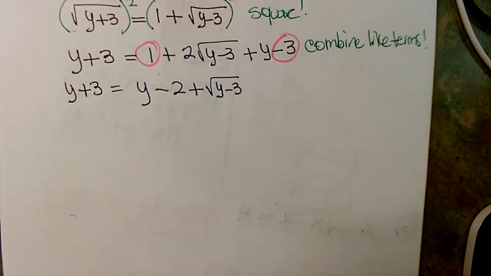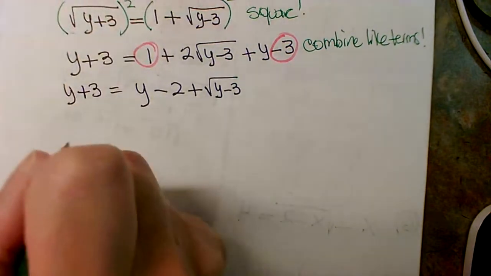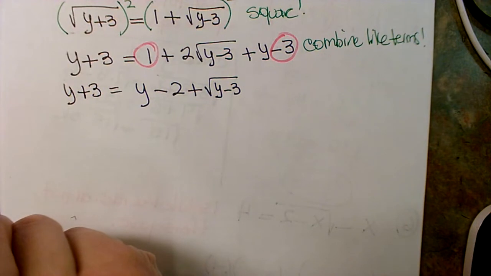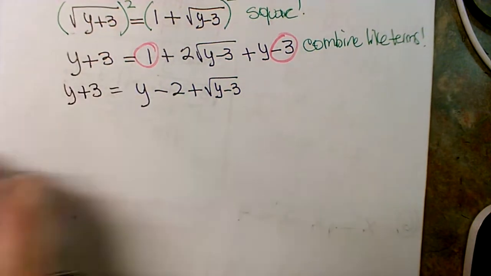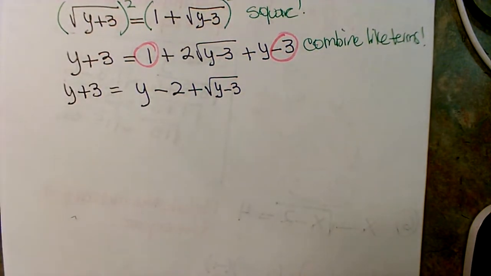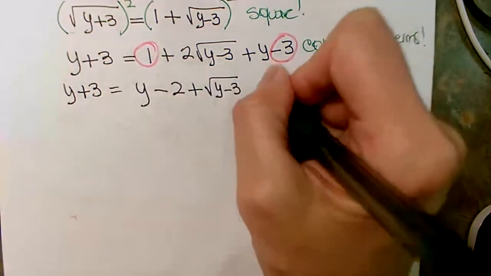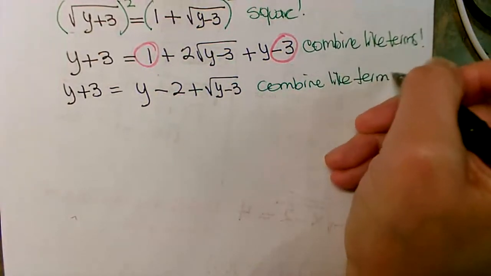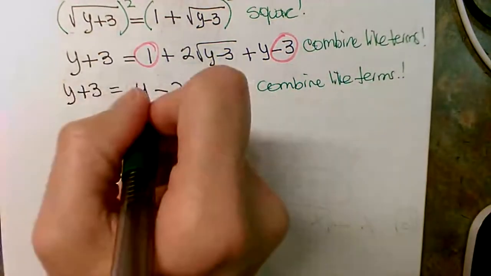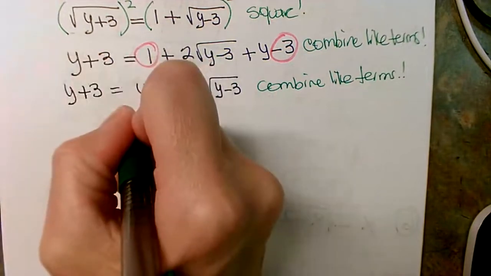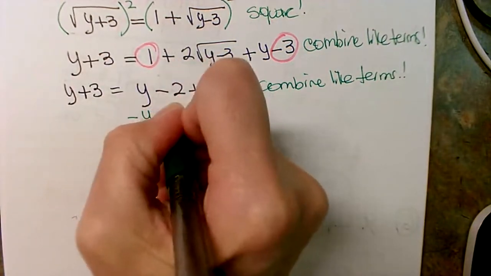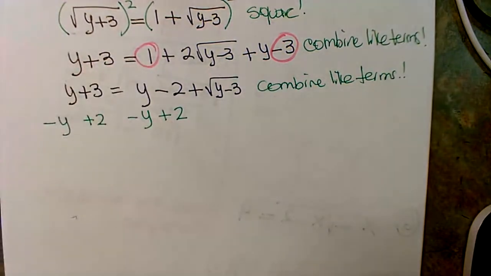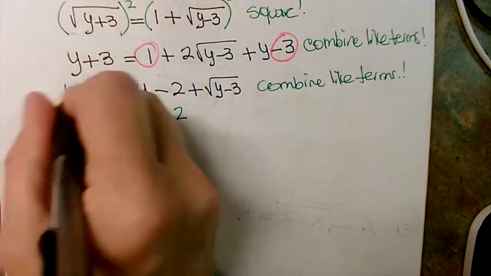Now we're gonna keep combining. We're gonna have to move everything to one side. No, not everything to one side. We keep combining like terms. So I'm moving this one to the side, minus y plus 2, minus y plus 2. So what I get here, this makes us 0.